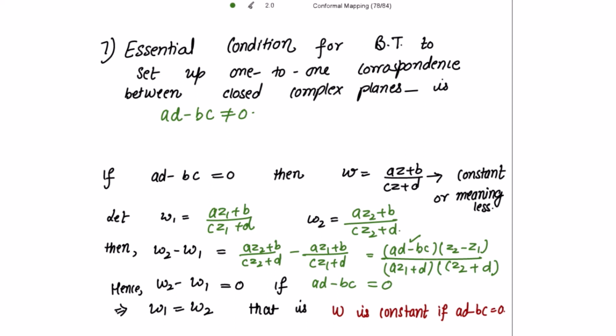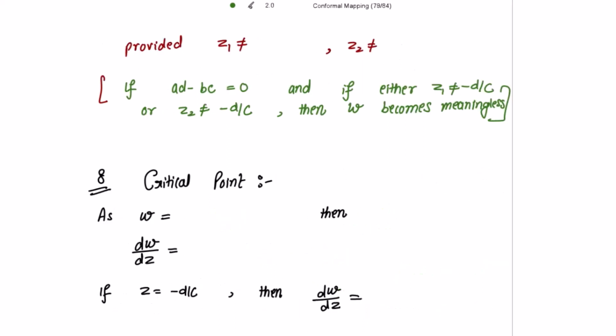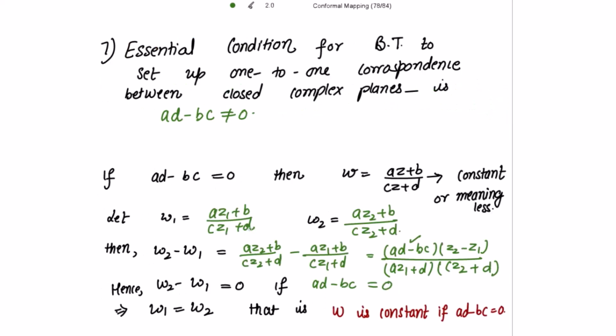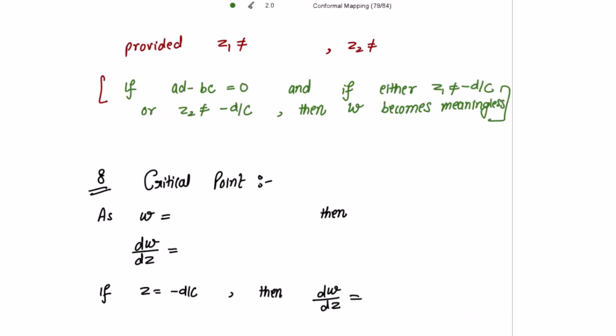So W becomes constant provided Z1 should not be equal to negative D over C, and Z2 should not be equal to negative D over C. So if AD minus BC is 0 and either Z1 is not equal to negative D over C or Z2 is not equal to negative D over C, then W becomes meaningless, right?